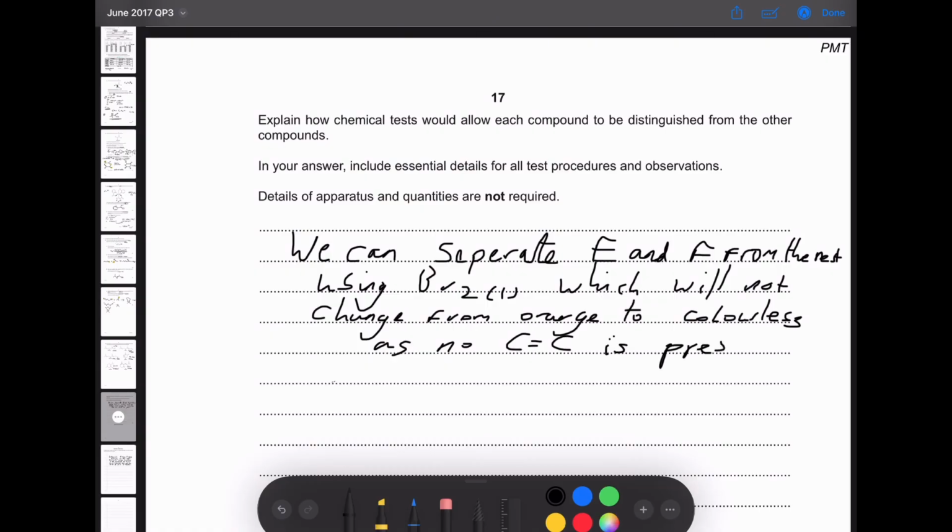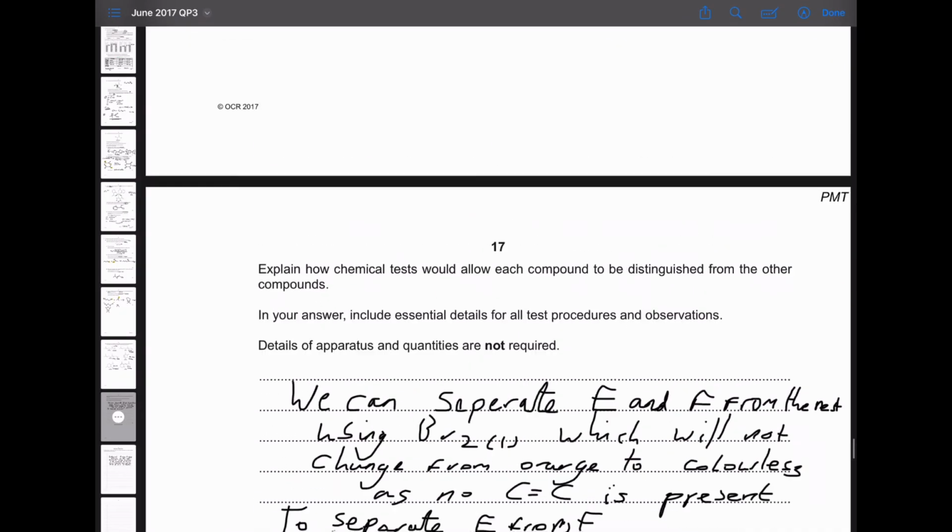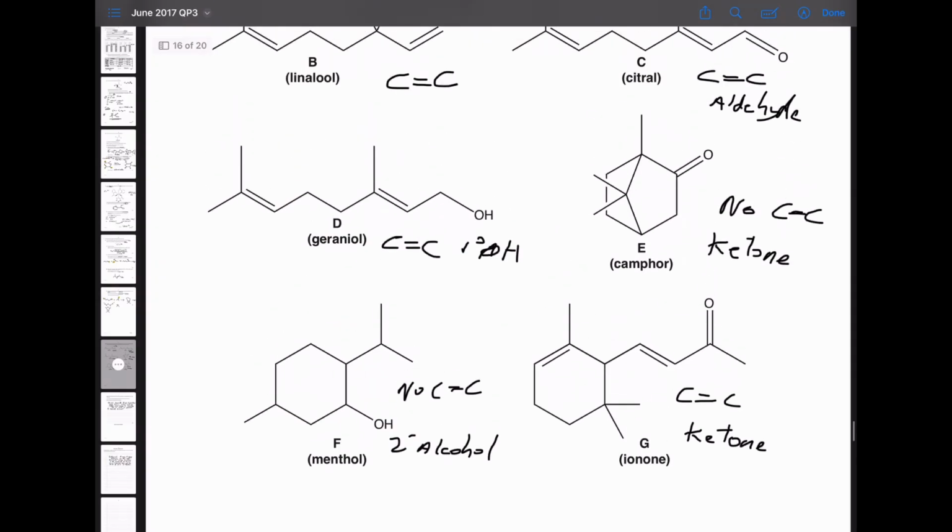So now we've separated E and F from the rest of them, we need to separate E from F. To separate E from F, we need to go back to the question. So one's got a ketone, one's a secondary alcohol.